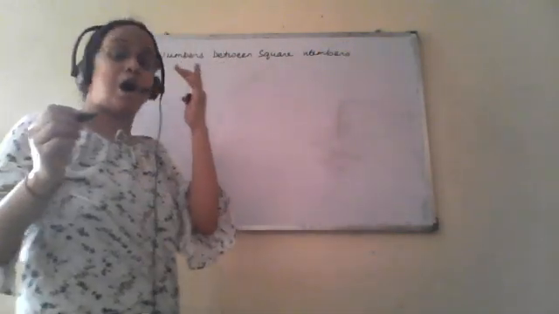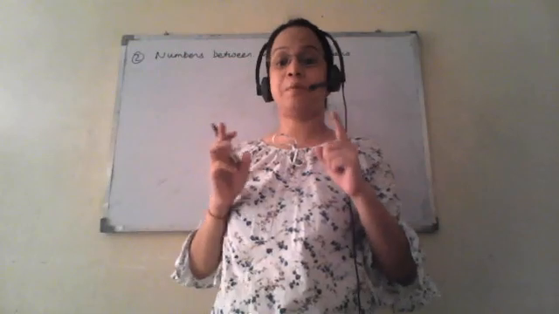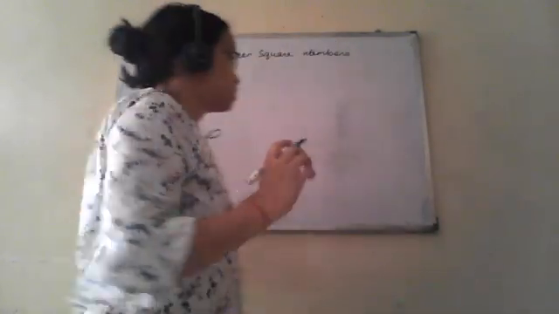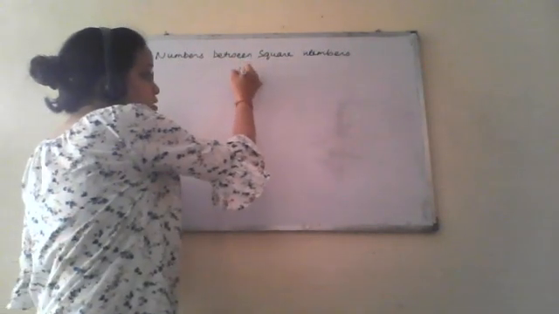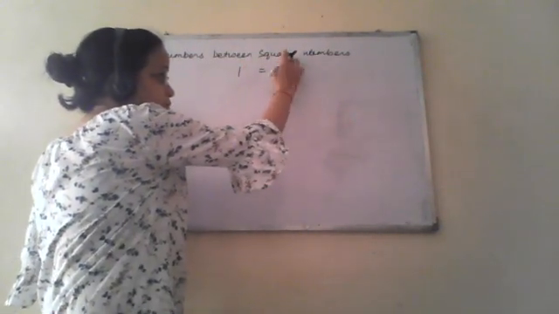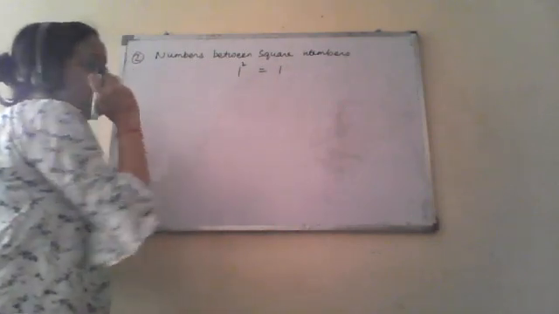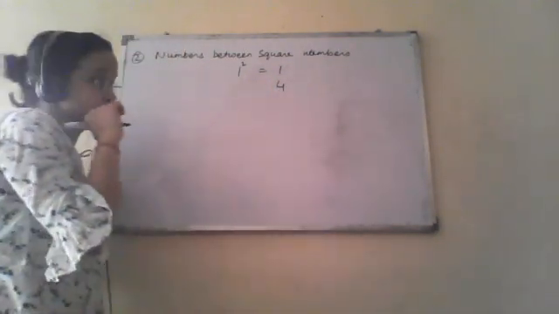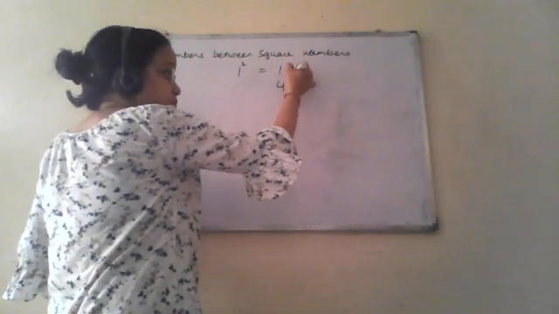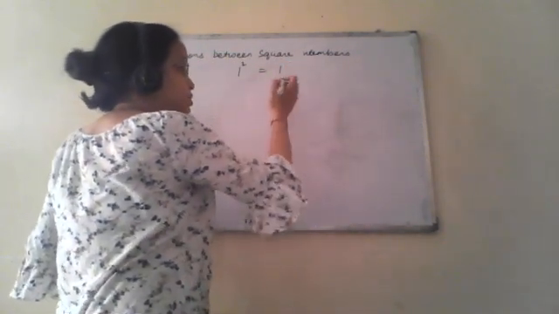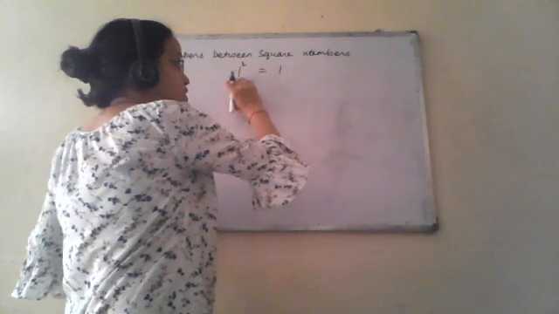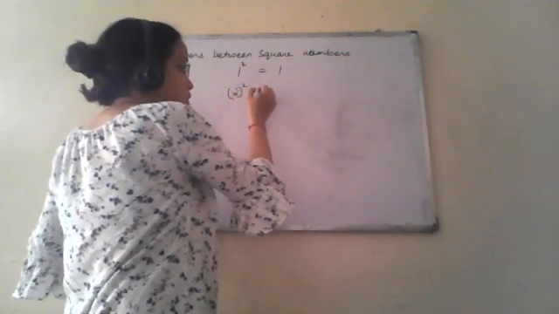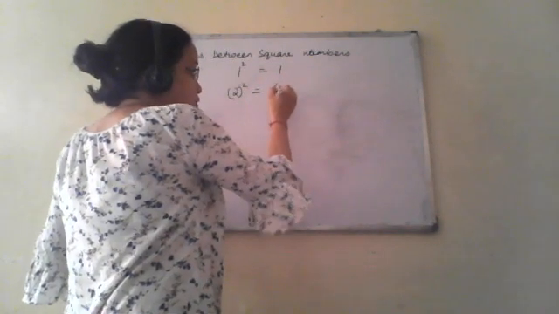It means how many non-square numbers are present between two consecutive perfect square numbers. The square of 1 is 1. The next perfect square is 4.